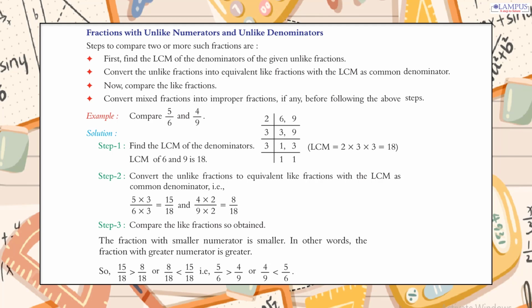Compare the like fractions so obtained. The fraction with smaller numerator is smaller. In other words, the fraction with greater numerator is greater. So, 15 by 18 greater than 8 by 18 or 8 by 18 less than 15 by 18, that is, 5 by 6 greater than 4 by 9 or 4 by 9 less than 5 by 6.